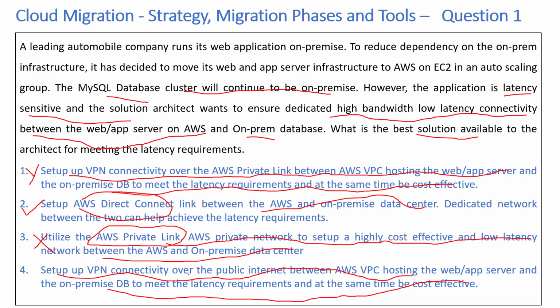So this will not meet the latency requirements. It is going to be cost effective compared to the direct connect, but it's asking for the best solution in terms of low latency connectivity. So that's why, although it's an option, it's not the correct option. So the right answer for this one is option 2.